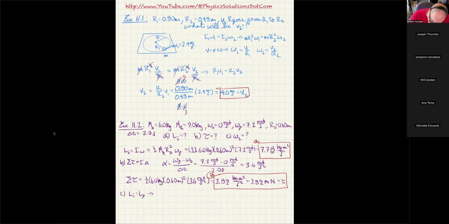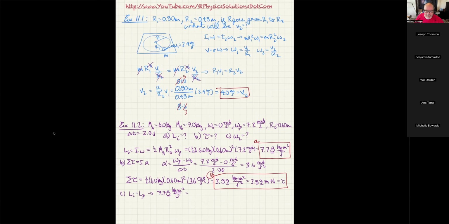So L initial is equal to L final gives us, and I'm not going to go back and recalculate L initial. I'm just going to take that value that I had, which was 7.78 kilograms meters squared per second. That's going to be equal to the new one. And notice now, instead of one cylinder that has a mass of 6 kilograms, it's one cylinder because the two stuck together makes a cylinder as well.